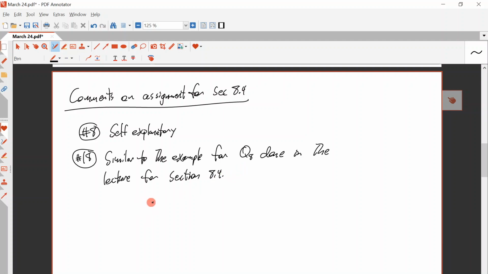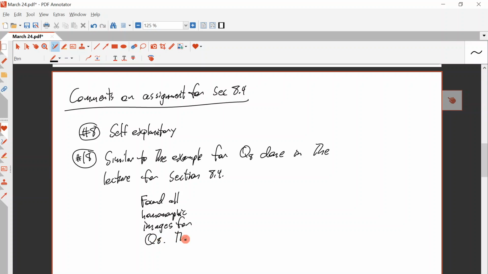So, we found all homomorphic images for Q8.